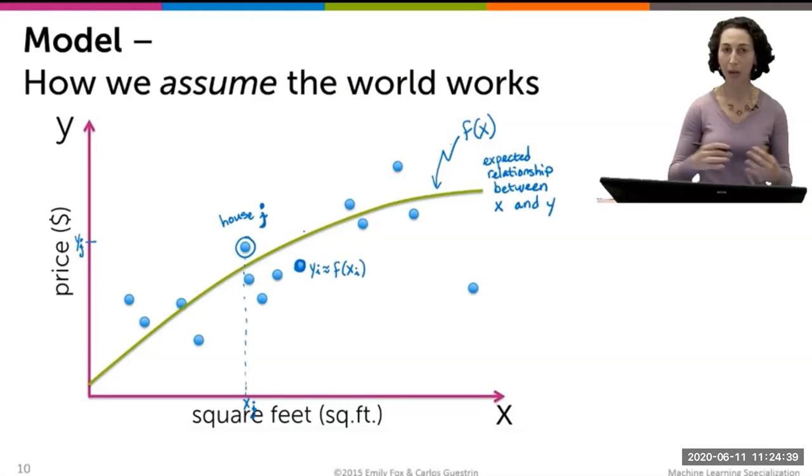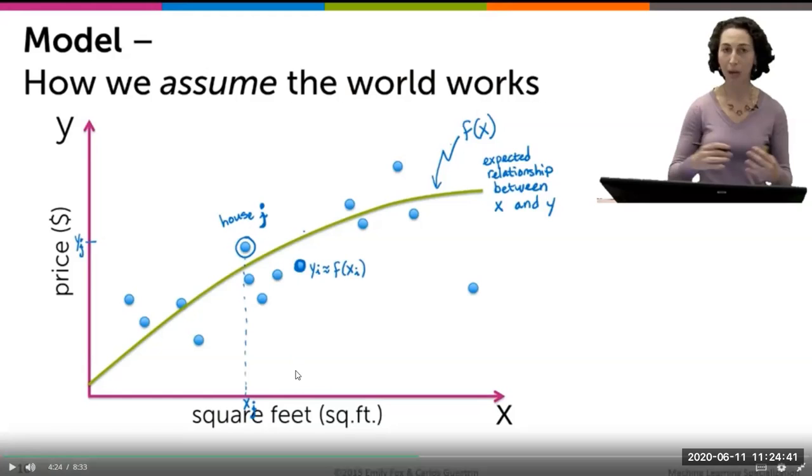Yes, Professor. Because the predicted value is the height of the green line for a particular area. So if the area for this house was here, and we go up, the predicted price would be up here, but it didn't sell for that much. It sold for this. So there's some difference.